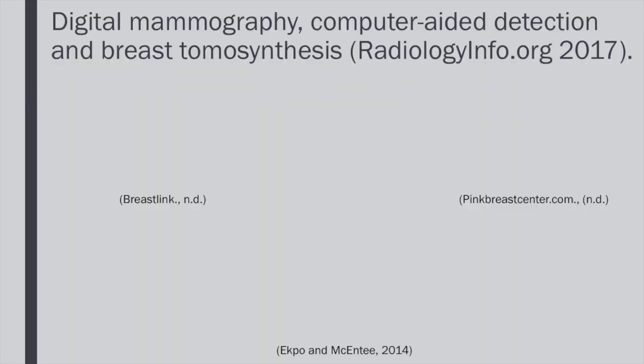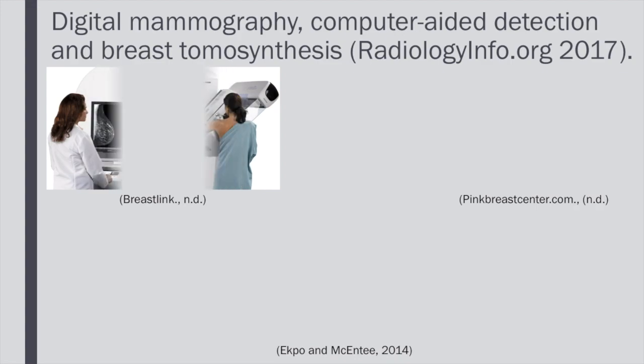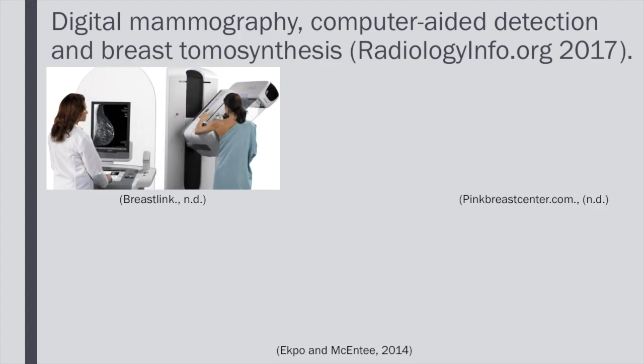Recent advances in mammography include digital mammography, computer-aided detection, and breast tomosynthesis. Digital mammography is a system where the X-ray film is replaced by electronics that convert X-rays into a mammographic picture of the breast.